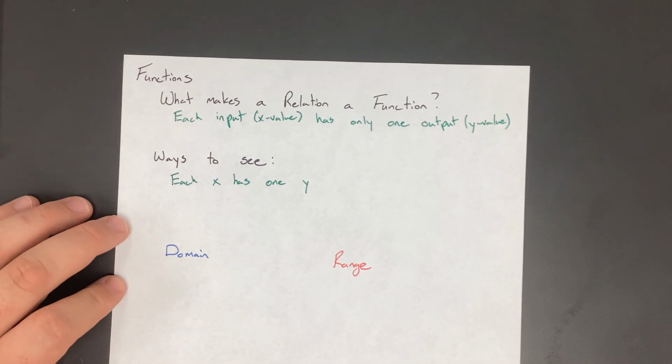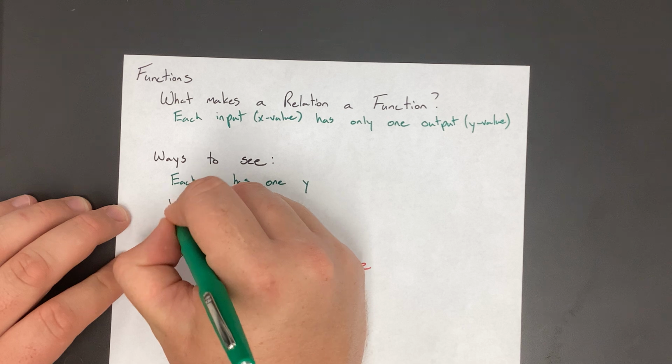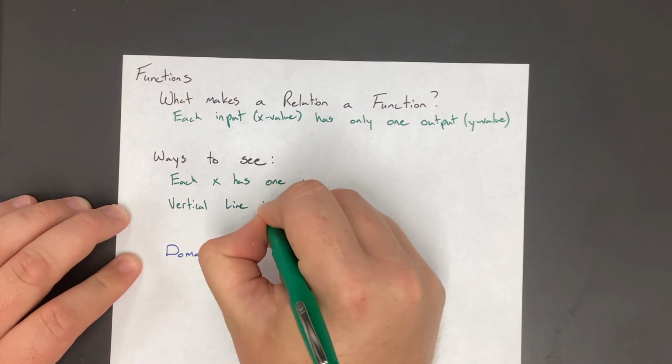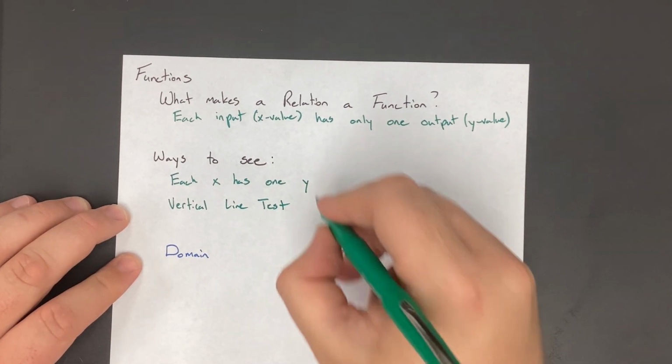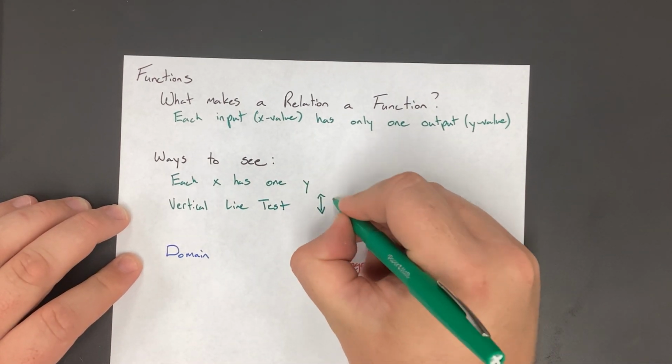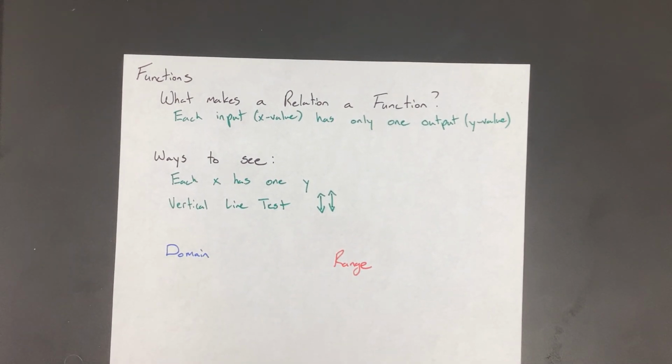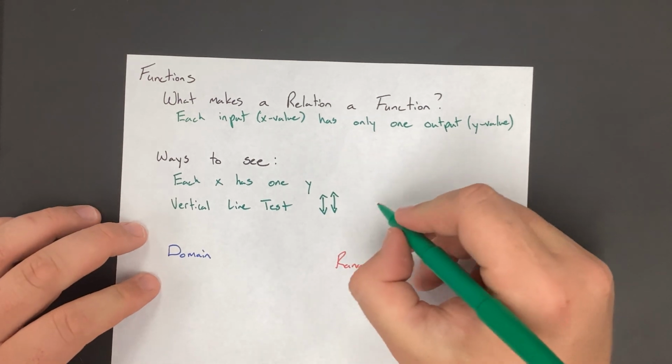And then if we're on a graph, we can use what's called the vertical line test, where if we draw vertical lines all over the graph, none of those vertical lines would intersect our graphed relation more than once. We may have something that looks like this.